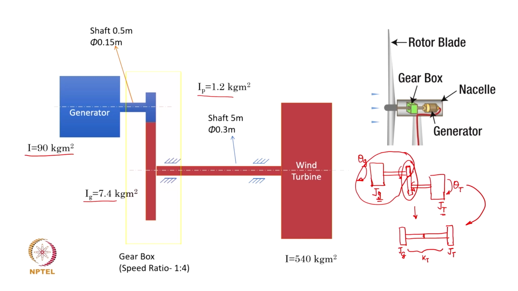Okay. An obvious way of doing it is to make sure that the total energy of the vibratory system remains the same as it was here. The same energy must be retained when we convert that into a 2 mass model with a connecting shaft.